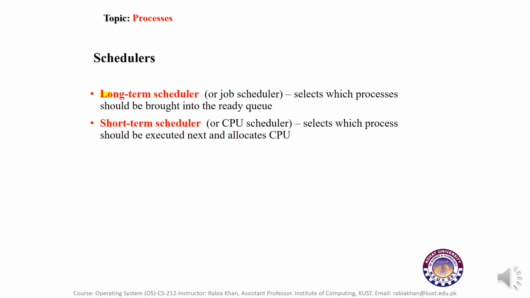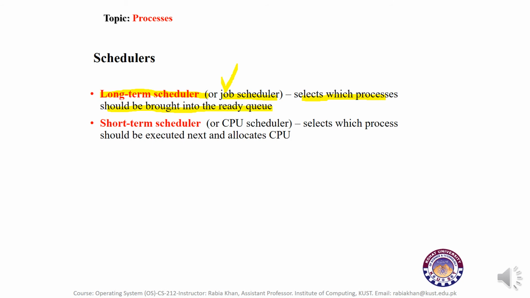So currently, for the time being, I'm discussing the two. The long-term scheduler, which is also known as the job scheduler. As the name shows, job, that means this scheduler is related with the jobs. So what does it do? It selects which processes should be brought into the ready queue from the job queue.